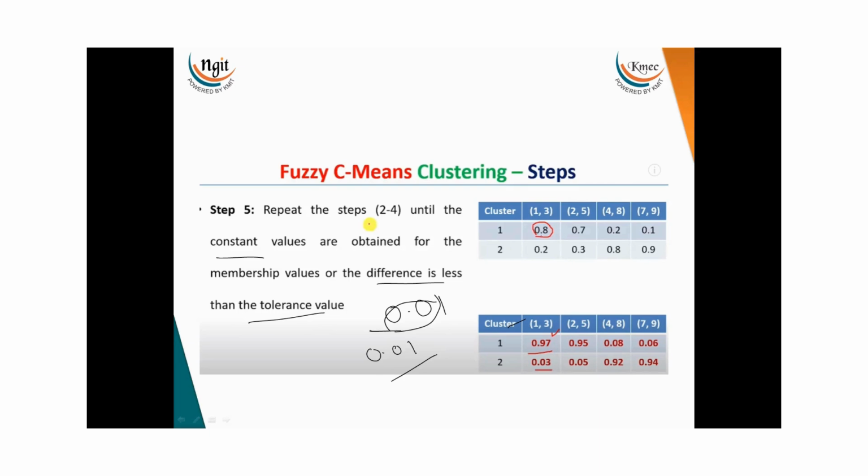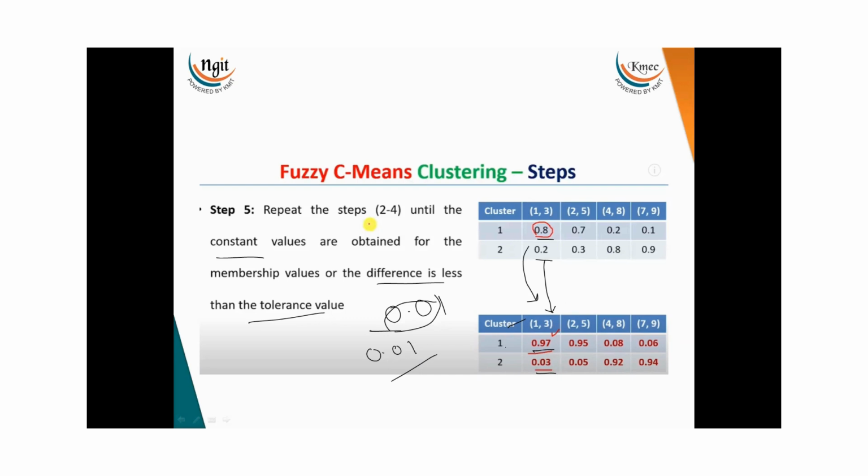Okay. Now see here, earlier what was the value? The probability was 0.8 and now it is 0.97. So the difference is more than 0.01, so we can say that this updation is mandatory. In the same way here, the value was 0.22 and it became 0.03. So here also the difference is high. So we have to repeat the same steps.